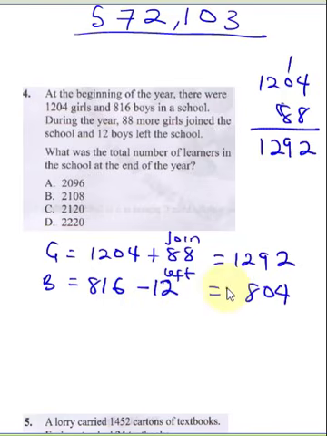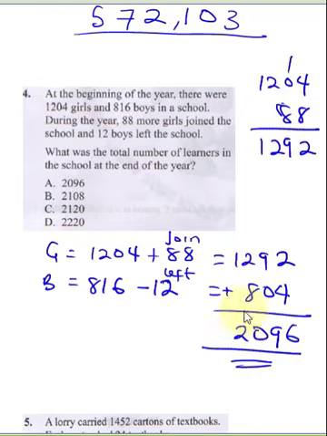So we're going to sum this up. 2 plus 4 is going to give us 6. 9 plus 0 is going to give us 9, and 12 plus 8 is going to give us 20. So our final answer is 2096. So the total number of learners is this.